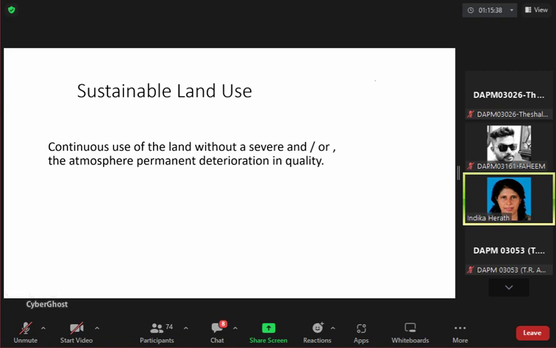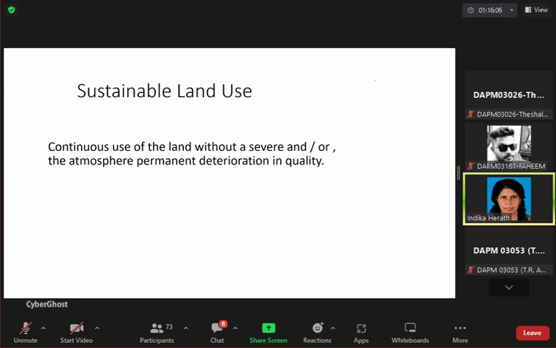Now, finally, we have been doing the definitions so far. One of the important things that I want to emphasize here is sustainable land use, right? The word sustainable, most people are using now, because we understand that some of the practices that we have been doing are not sustainable.